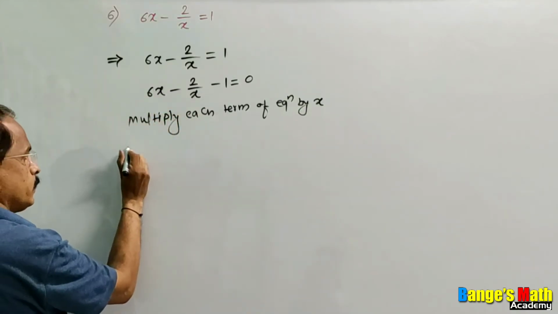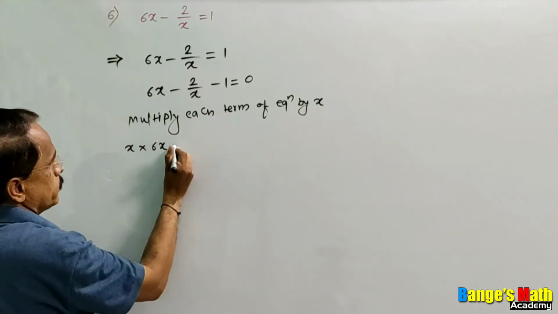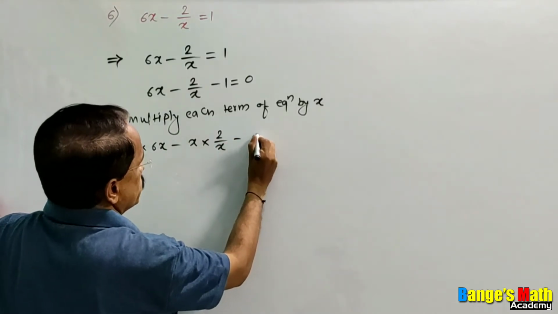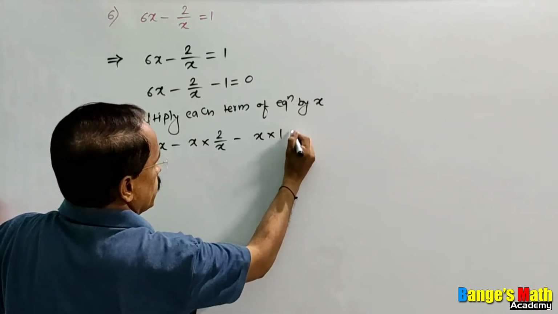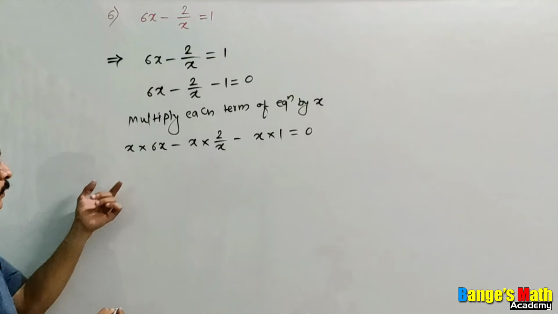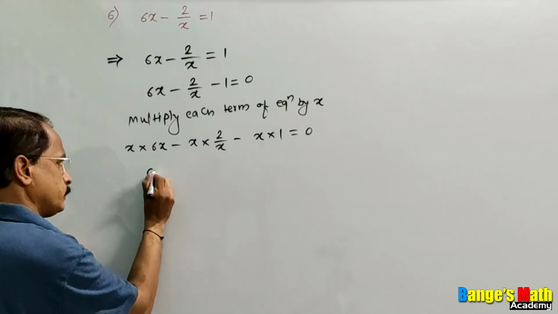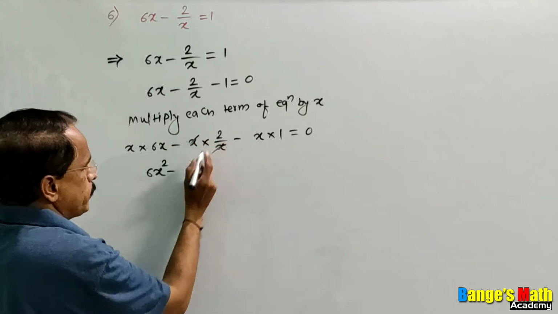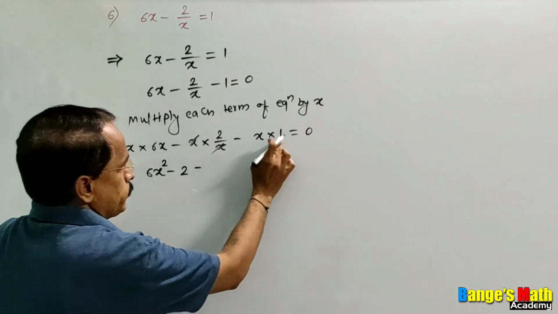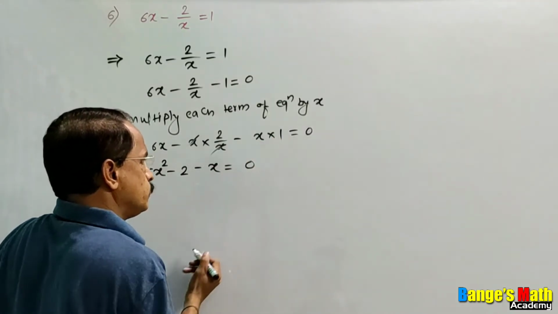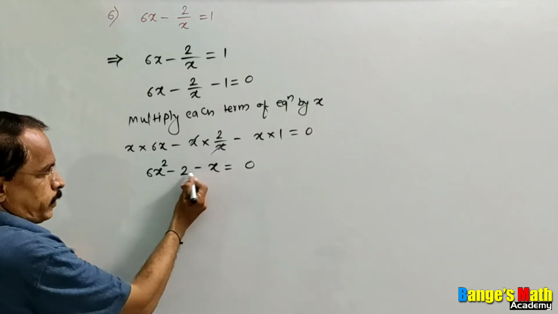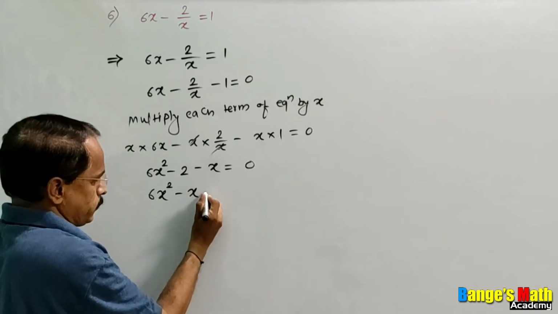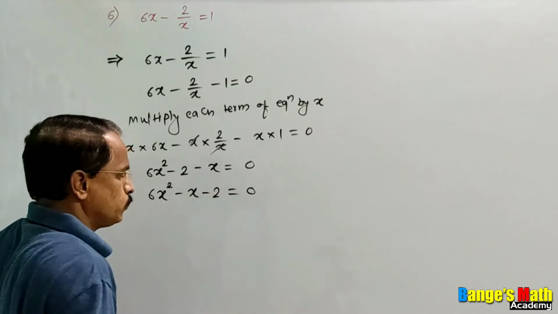Then we get x into 6x minus x into 2 upon x minus x into 1 is equal to 0. Then take the product: x into 6x is 6x square; minus, x gets cancelled, here remains 2; minus x into 1 is x, equal to 0. Write down minus x at its respective place. So we can write it this way: 6x square minus x minus 2 is equal to 0.